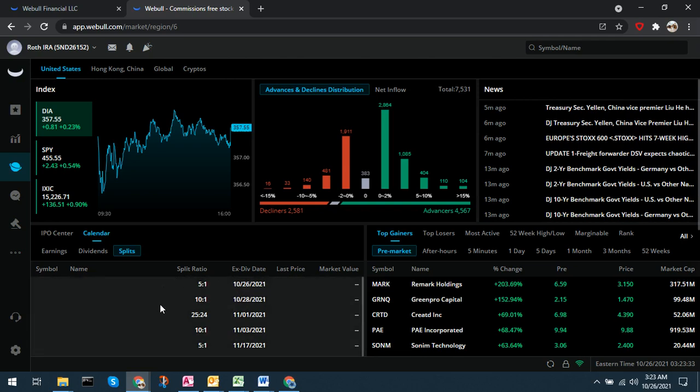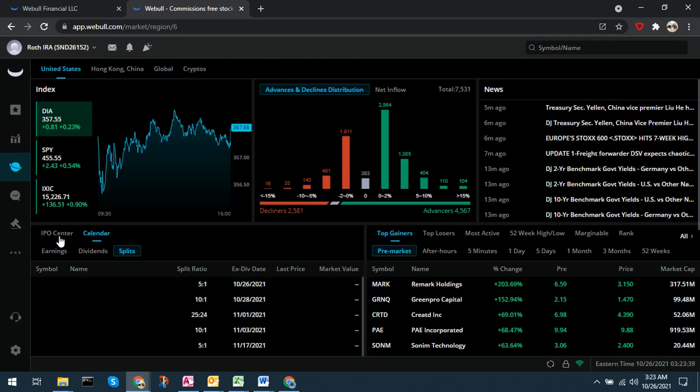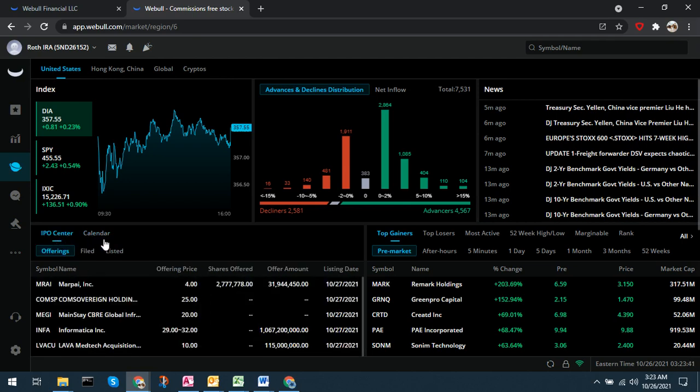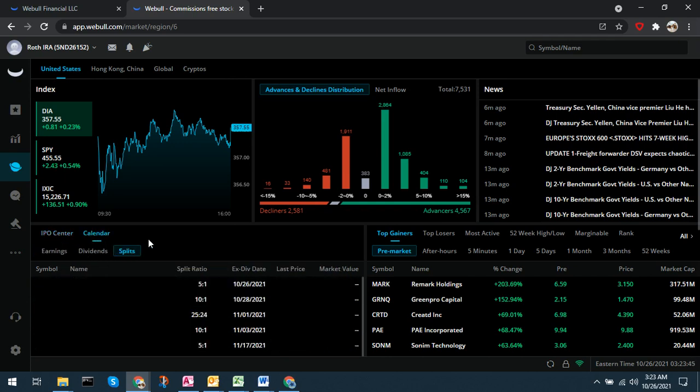So again, we don't have any right now, but any planned splits would show up in the splits calendar. So again, this pane contains the IPO Center, the offers filed and listed, and the calendar functionality. We see earnings, dividends, and splits that are scheduled. So we hope that all helps too.